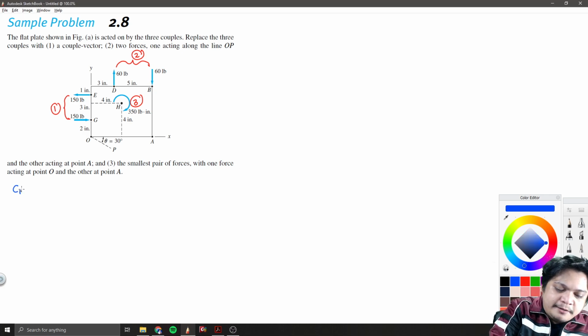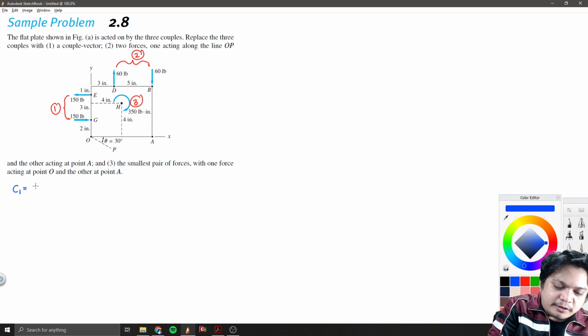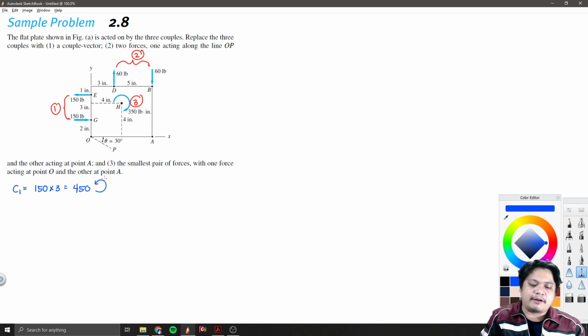So, couple 1, okay? 150, and then their distance is 3. So, that is equal to 150 times 3. So, that's around 450. Okay? And then, you will be having here on this direction, counterclockwise. Again, kung counterclockwise siya, is it plus K or minus K?